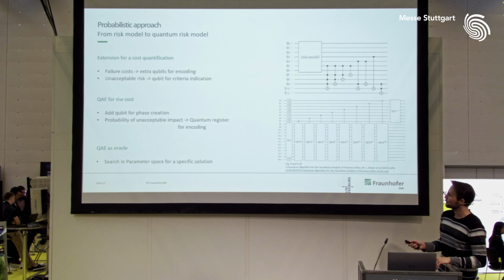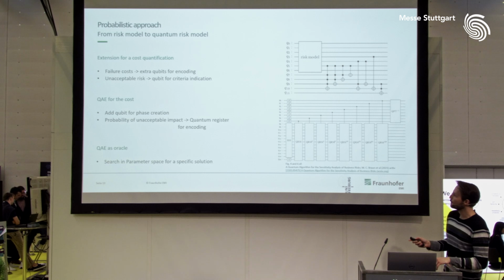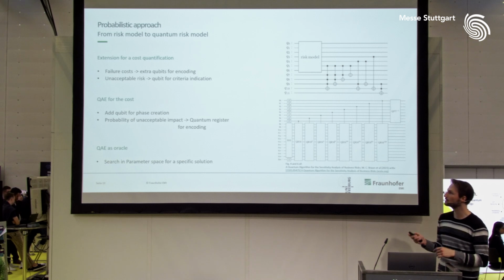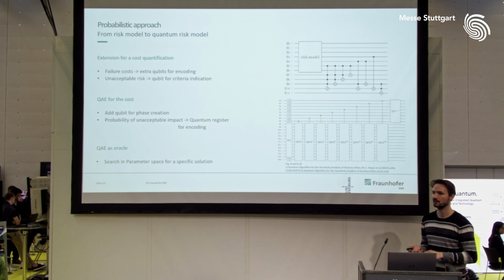And then we can also do this quantum amplitude estimation, as seen before. And with that, we get the probability of getting into this state of unacceptable impact.